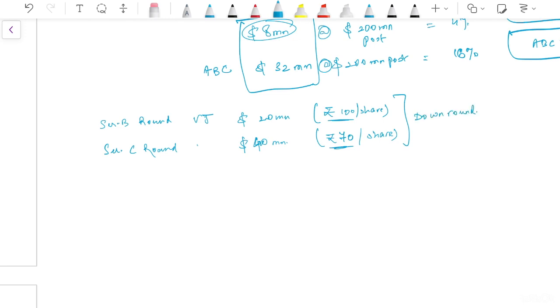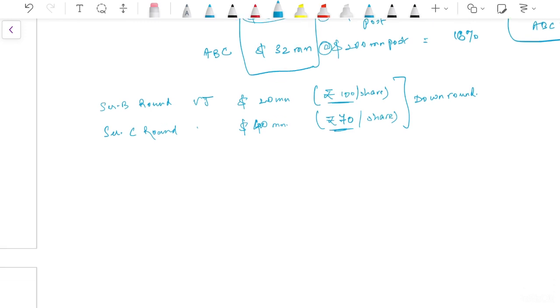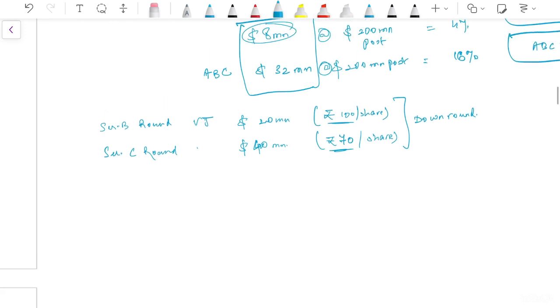A down round is basically a round wherein the price per share is less than what it was in the previous round. And in a case of a down round, I am saying to the company that you are diluting me over and above what a normal dilution would be. For example, had the funds been raised at 180 rupees a piece, I would have been diluted by X percentage. But if the fundraise happens at 70 rupees per share, my dilution would be 2-3x of what it ideally would have been.